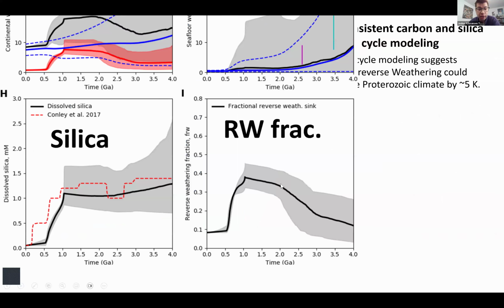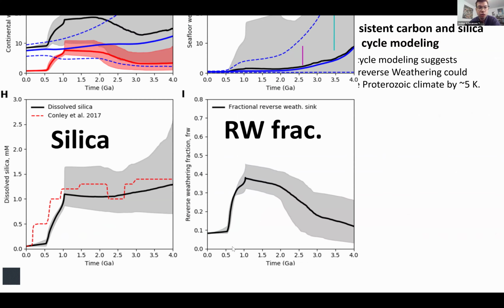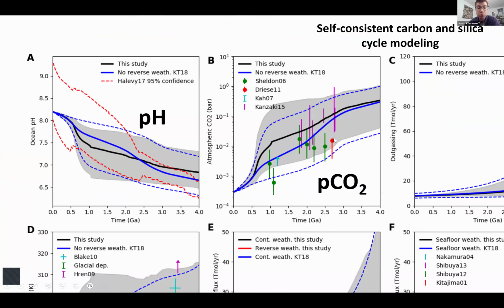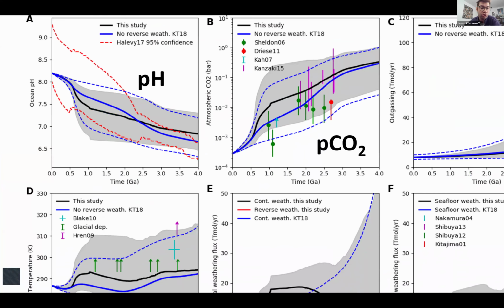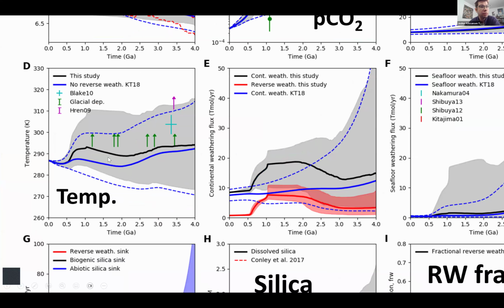And as expected, you do get this large change in the reverse weathering sink. In this particular case, we're assuming that the modern sink is fairly small, and so there's room for this large increase. Consequently, you do get some difference in the CO2 and climate evolution compared to what we had before. In the blue, you do get elevated CO2, particularly in the mid-Proterozoic, which causes about 5 degrees of warming through that time.